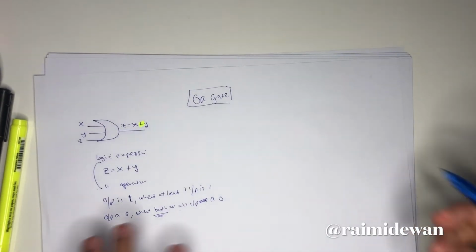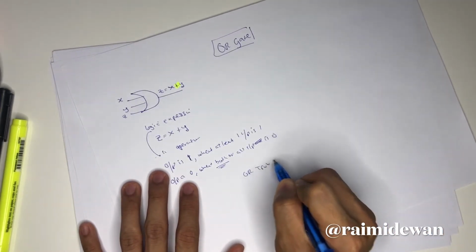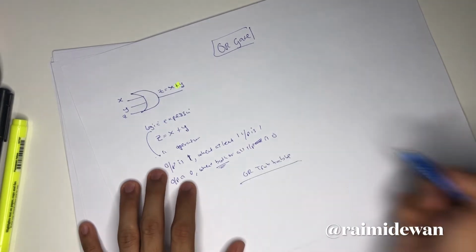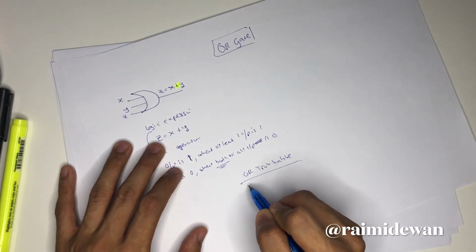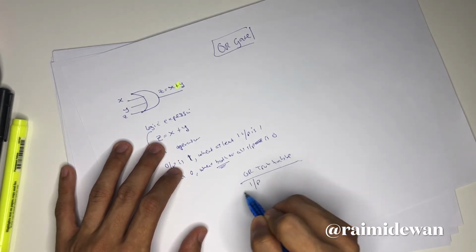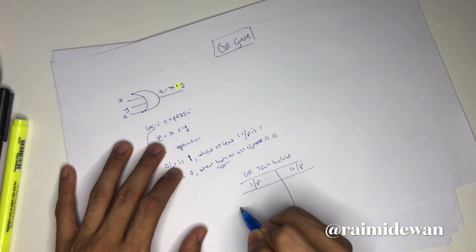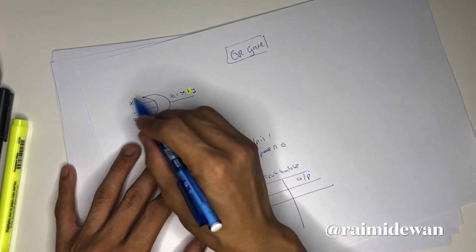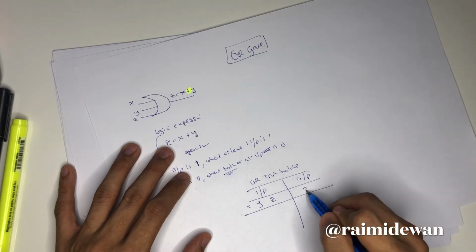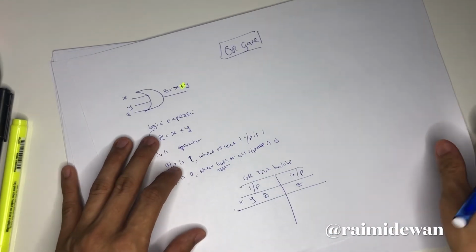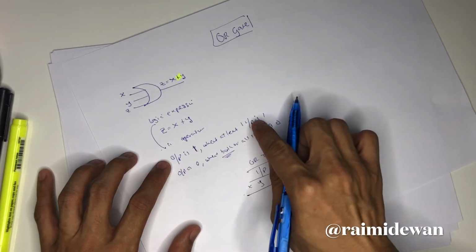So we can see the truth table. Your truth table should have inputs and output. For example, if I use X, Y, and Z as 3 inputs, then you have this as your output. The output is 1 when at least one input is 1.